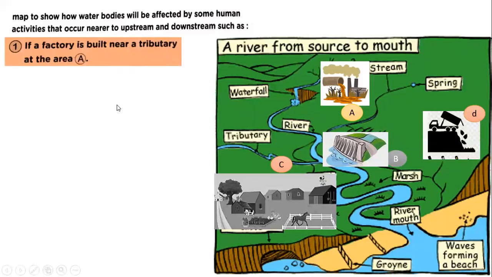Number 1. If a factory is built near a tributary at area A. فين area A؟ So say a factory is built here.